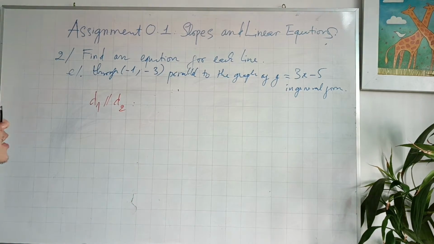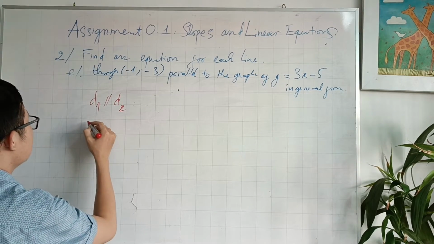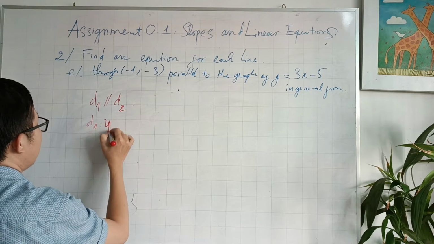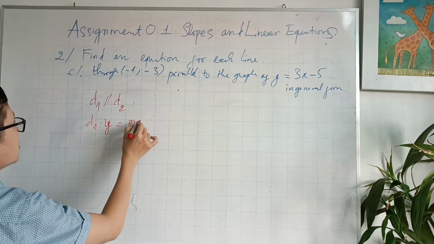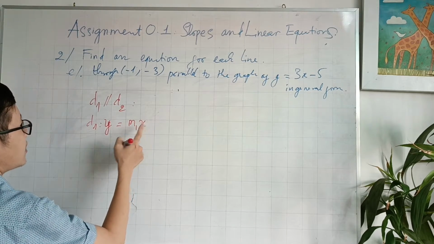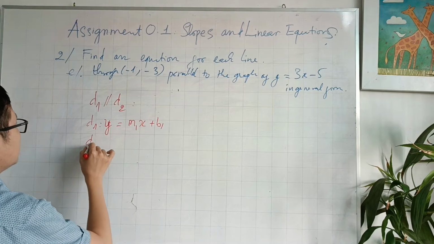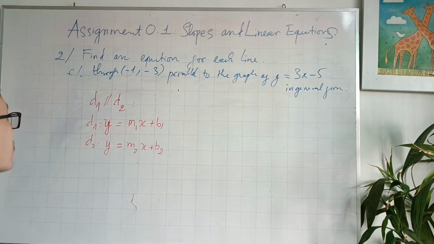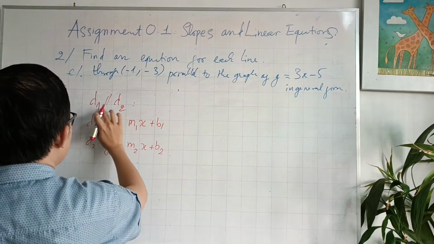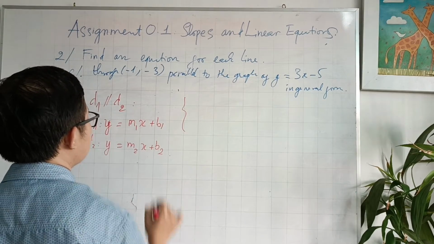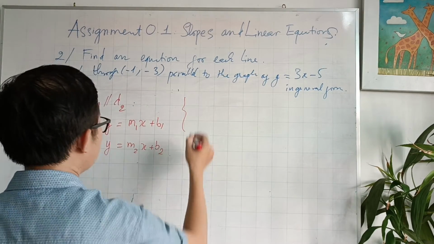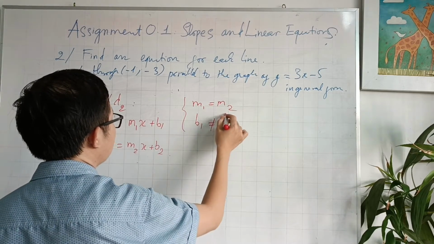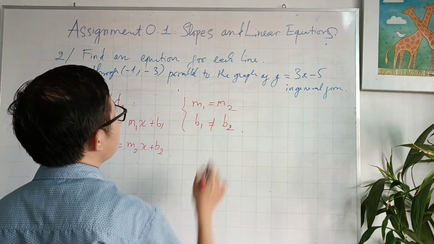In the slope intercept form we have d1: y equals m1 x plus b1, and d2: y equals m2 x plus b2, and d1 is parallel to d2, so the formula is m1 equals m2 and b1 is not equal to b2.